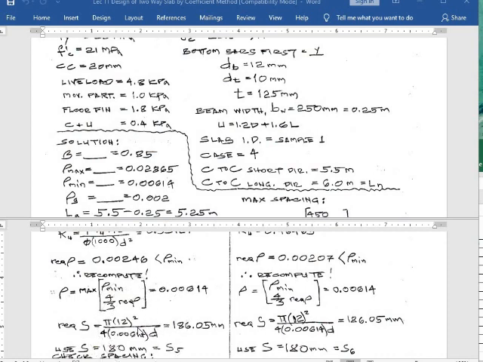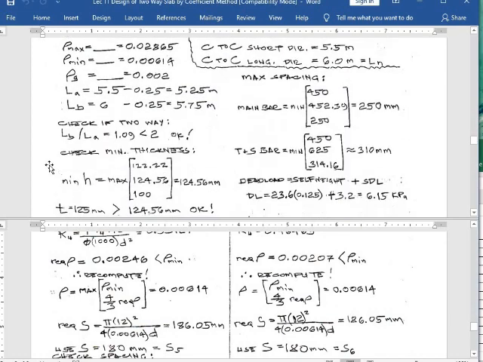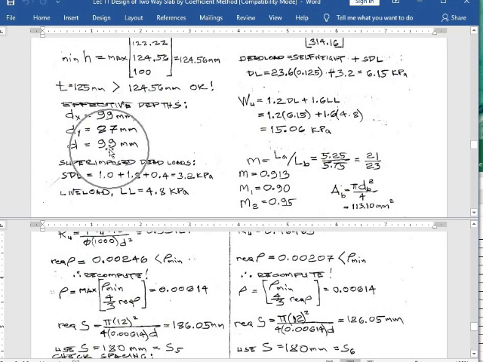Take note na yan yung bakal sa discontinuous edge. So, ang gagamitin natin ay effective depth d. Walang subscript na x at wala ring subscript na y. So, that is 99 mm. So, lumalabas na ang spacing mo ngayon ay 186.05. So, round down, magiging 180 mm. So, yan ang ating magiging S5.